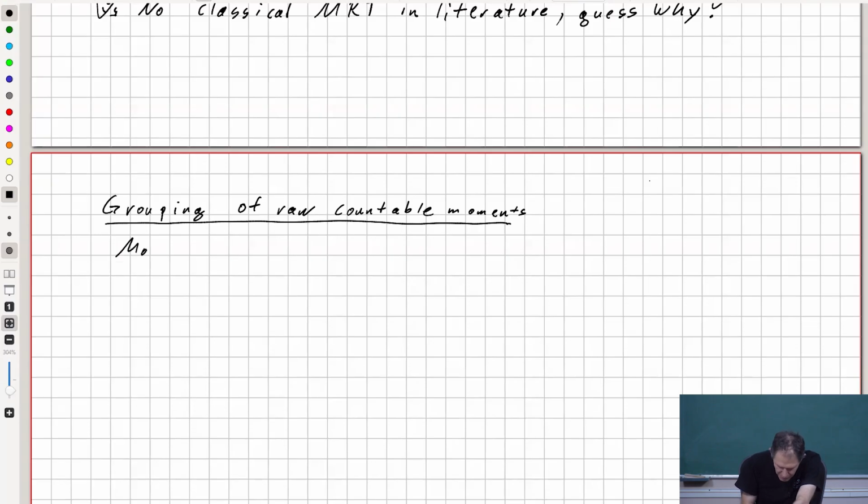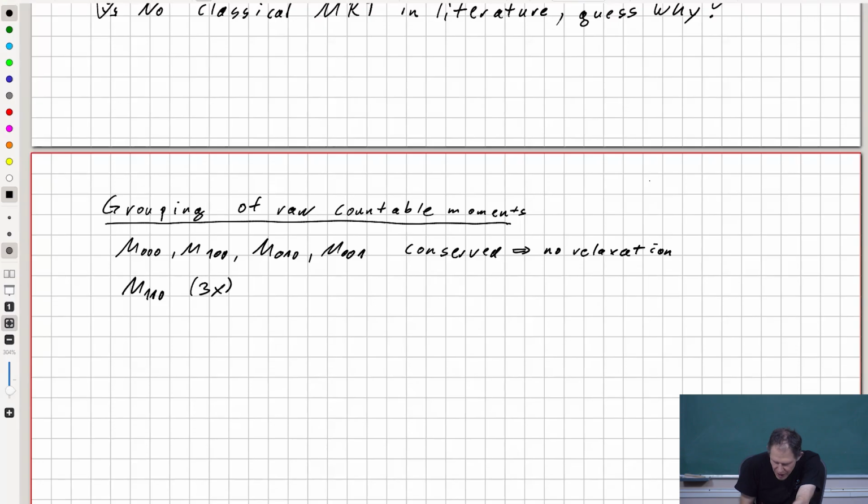So we have M000, we have M100, M010. I'm probably not writing all permutations out now. These are the conserved ones. Conserved means no relaxation. Then we have M110, of which we have 3 permutations.